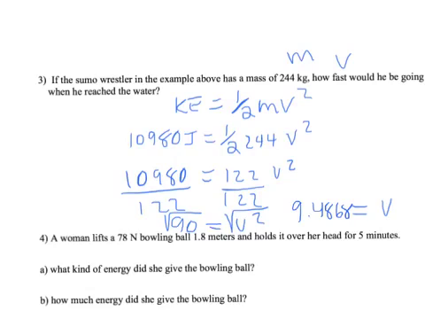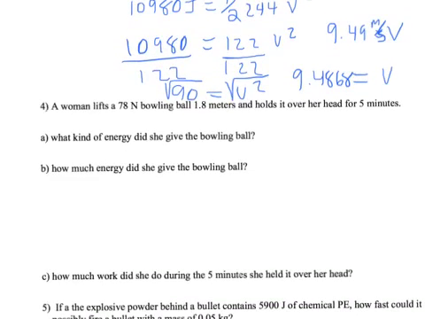And it looks to me like what I've got here is 3 significant figures. So I'm going to go ahead and round it for significant figures, and I'm going to say that v equals 9.49 meters per second.